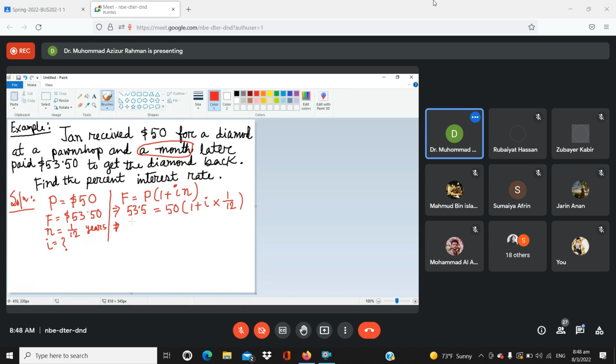That means 53.5 divided by 50 equals 1 plus I into 1 by 12. So we can calculate this I by 12 equals 53.5 divided by 50 minus 1.